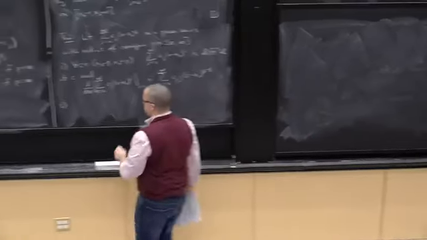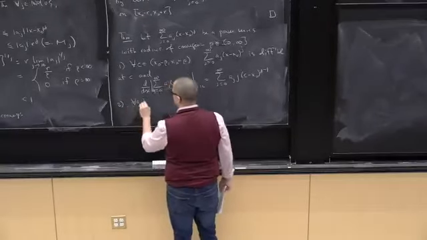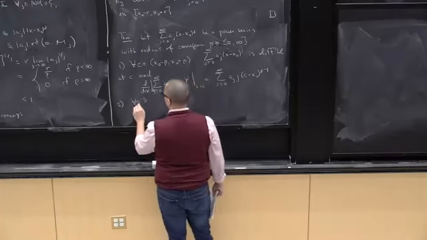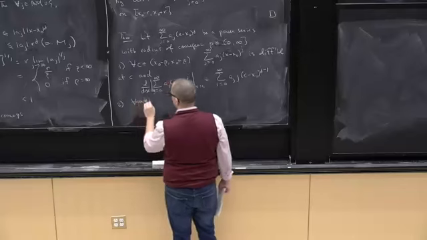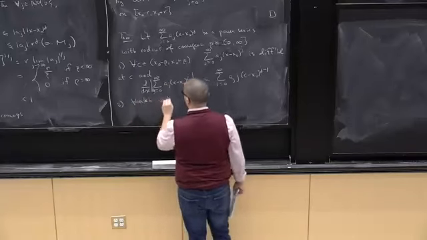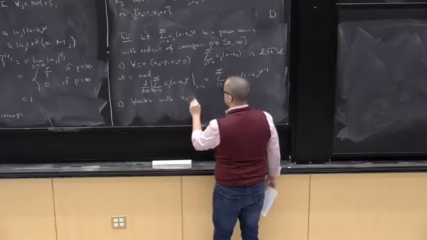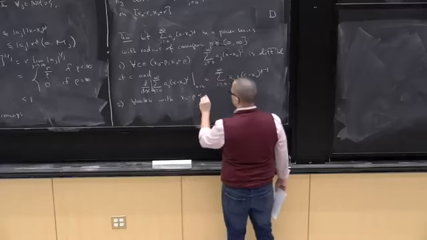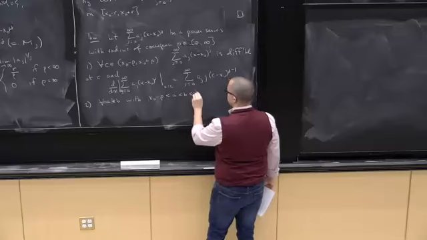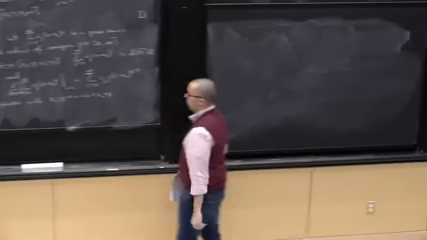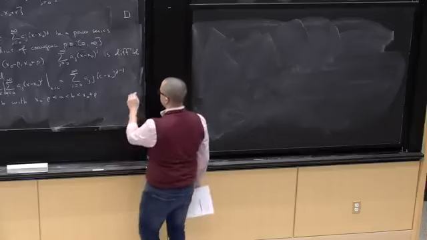And for number 2, for all a, b, for all a less than b, with x naught minus rho less than a, less than b, less than x naught plus rho. So here I'm sticking strictly inside the radius of convergence.